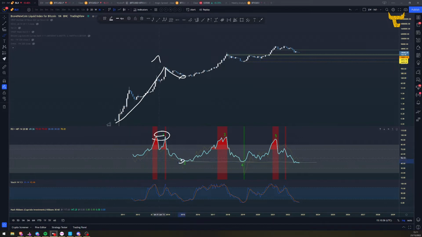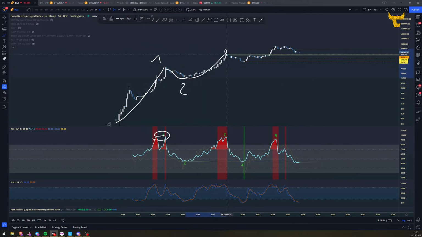Reach not oversold, but slightly below 50, so the lower level here, just at the bottom of what I'm suggesting to be a microwave 2.